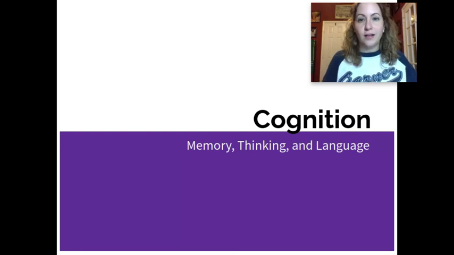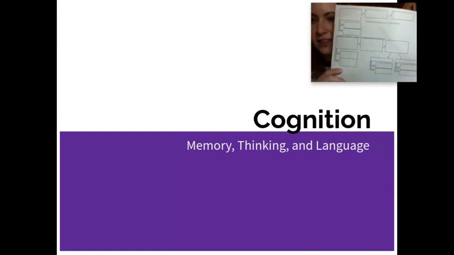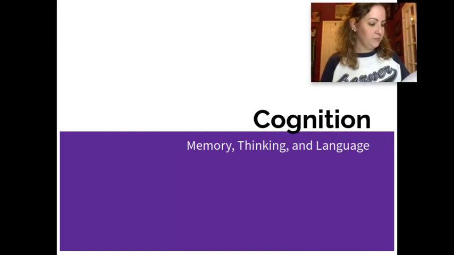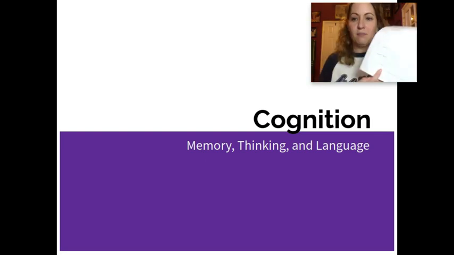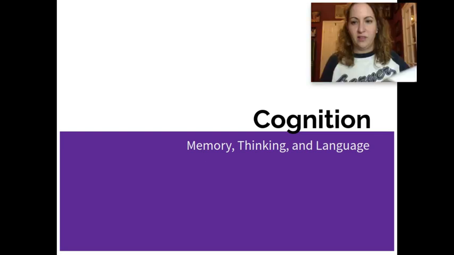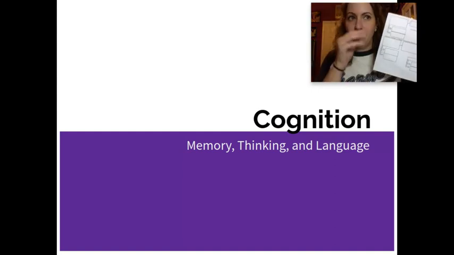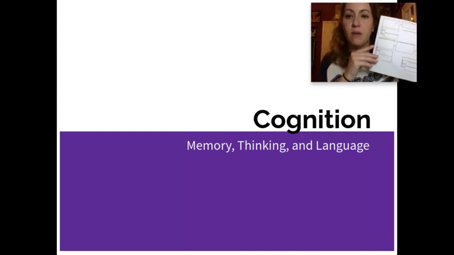So on Google Classroom, you will have something that looks like this. Mine has something on the back, but it shouldn't have anything on the back. This is just a little flow chart for memory.